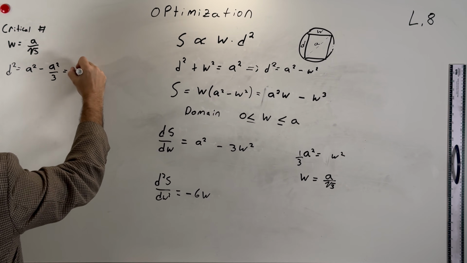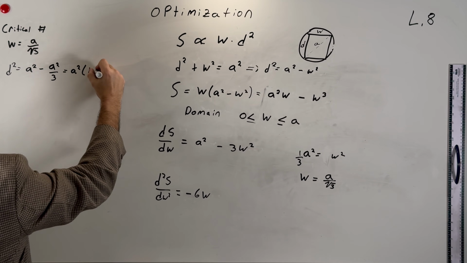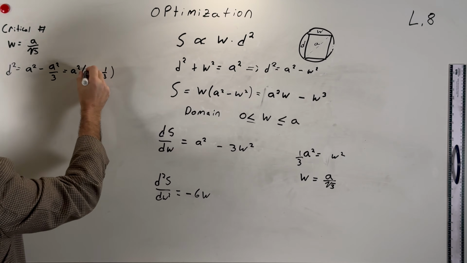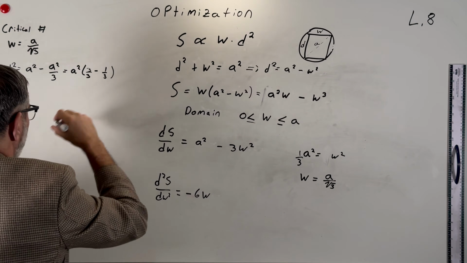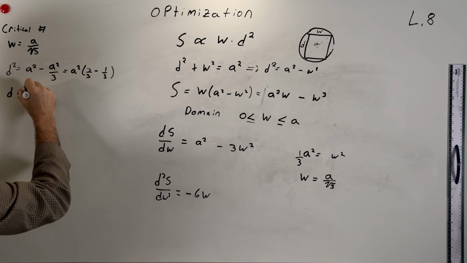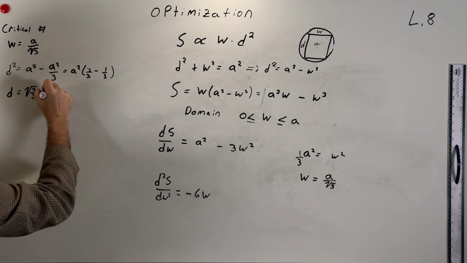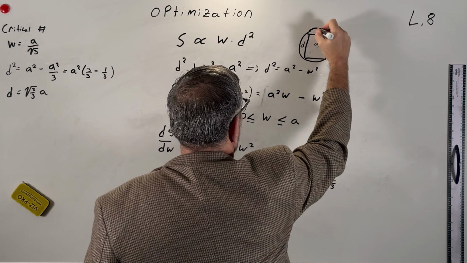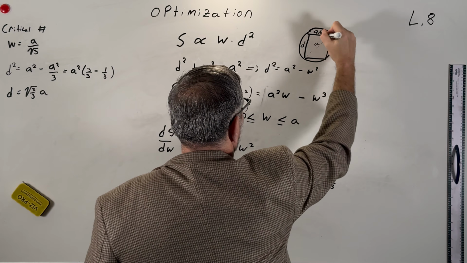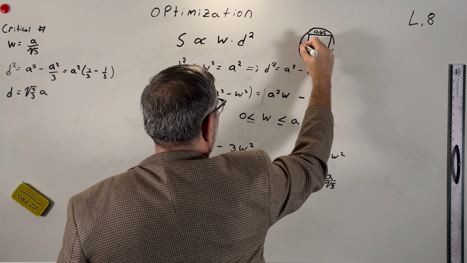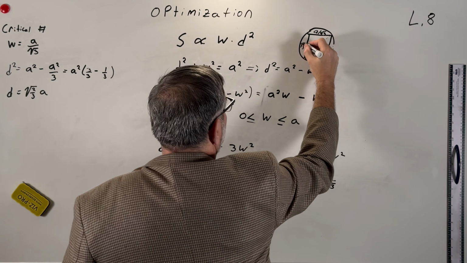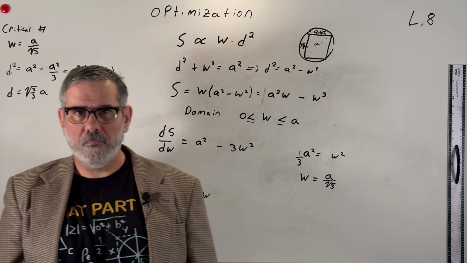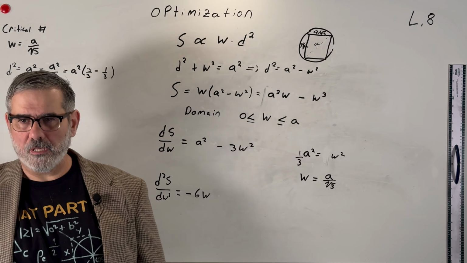This is the same thing as a squared times 1 minus 1/3, but that's really just 3/3 minus 1/3, which is 2/3, which means that d is equal to the square root of 2/3 times a. And so we can fill this in. The width will be a over the square root of 3, and the depth will be the square root of 2/3 times a. And those would be the optimum dimensions for that beam, to optimize for strength anyways.